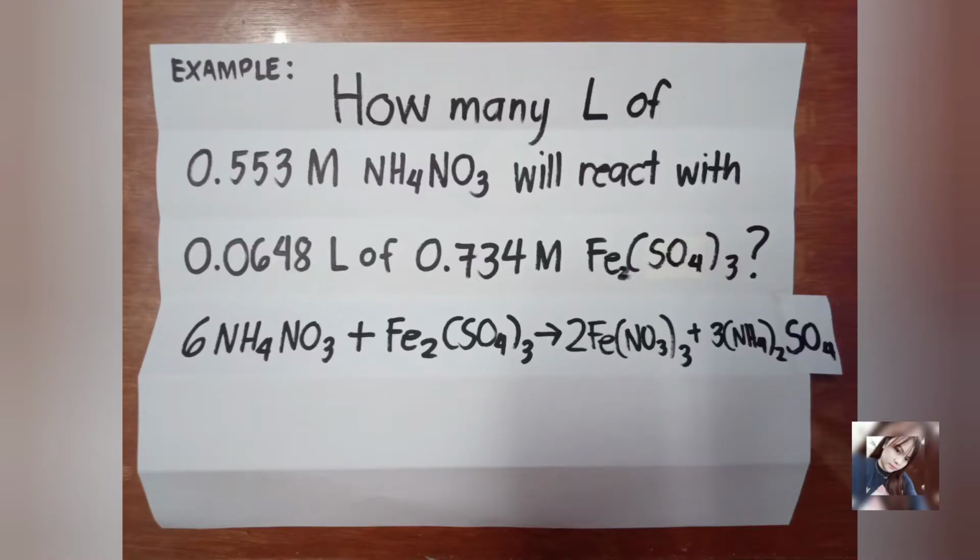For example, how many liters of 0.553 molar ammonium nitrate will react with 0.0648 liters of 0.734 molar ferric sulfate? Given the equation, 6NH4NO3 reacts with Fe2(SO4)3 to form 2Fe(NO3)3 plus 3(NH4)2SO4.